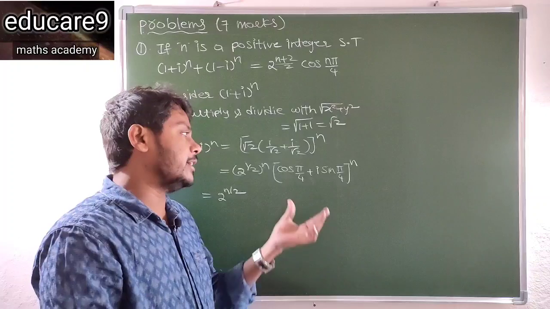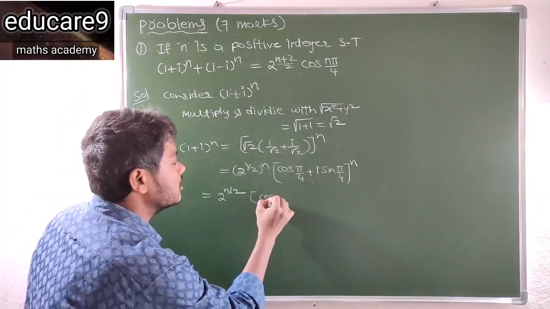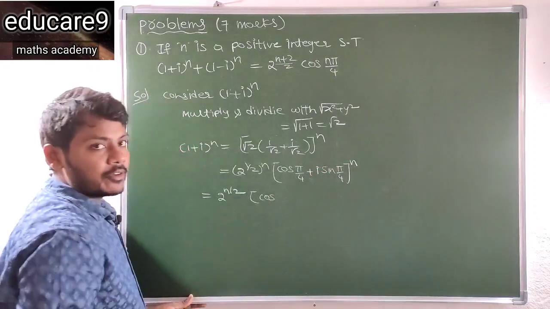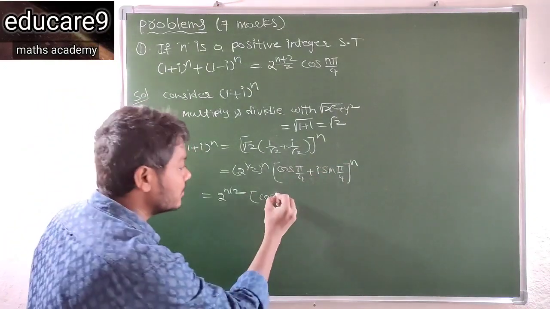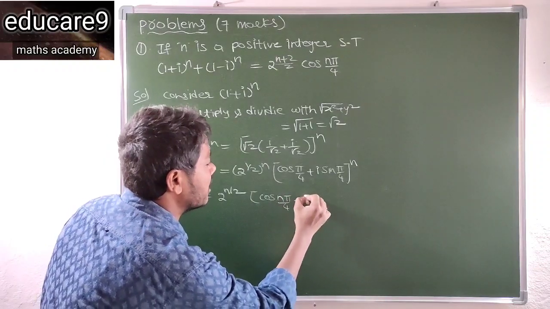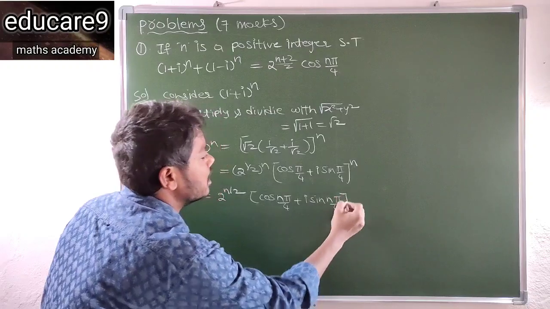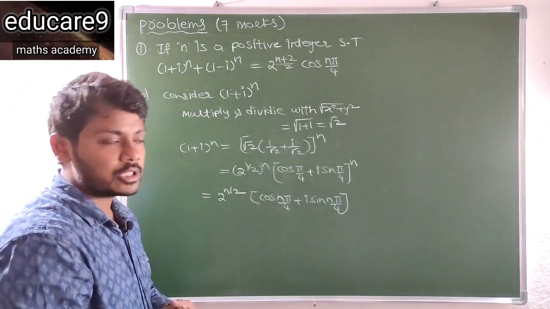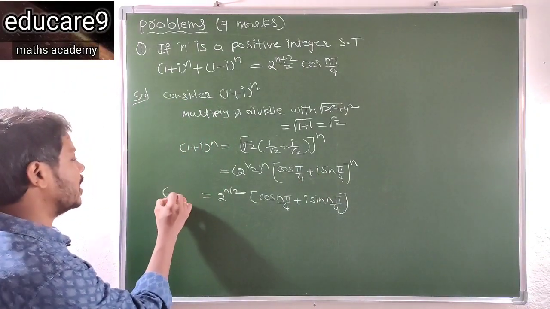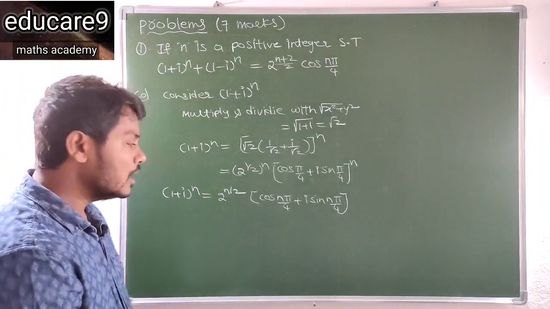So you have to apply De Moivre's theorem here. So that is cos, write this n in front of π/4, that is nπ/4, plus i sin nπ/4. So this is what (1 + i)^n is.